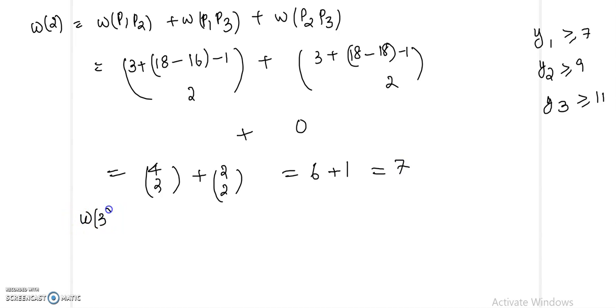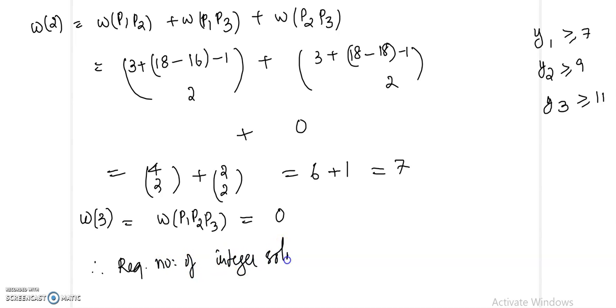Omega of 3 is omega of P1P2P3. That is not possible, since all three cannot hold simultaneously, so that will be equal to 0. Therefore the required number of integer solutions will be E of 0.